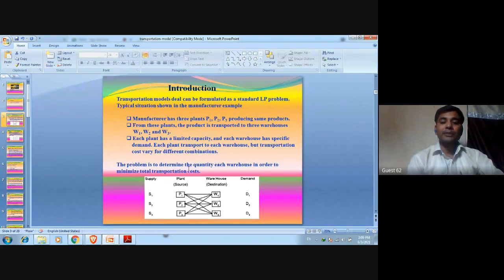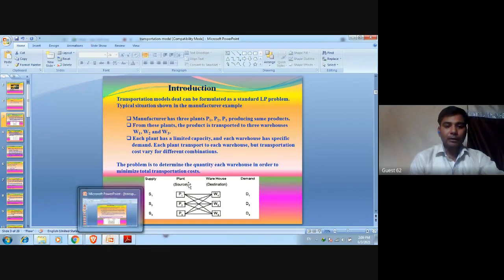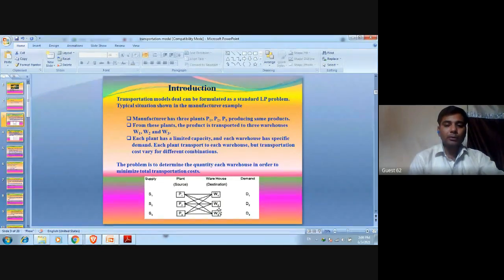The problem is to determine the quantity for each warehouse in order to minimize total transportation cost. It means according to the supply and requirement, the manufacturer tries to minimize his cost. Suppose that the manufacturer has plant P1 with some capacity and the requirement of W1, W2, W3, that is the requirement of warehouses.